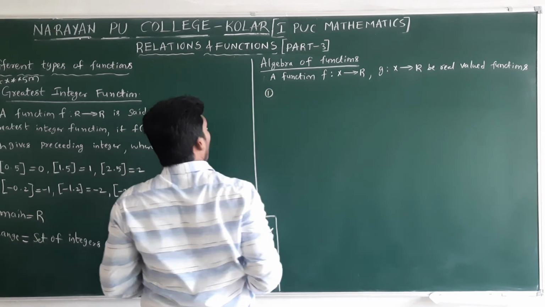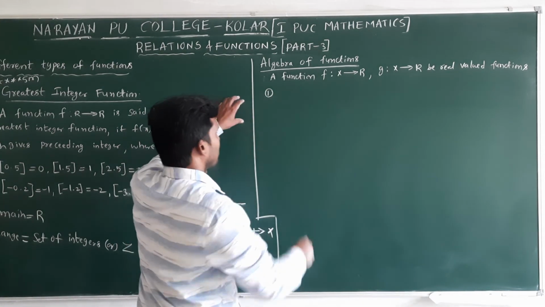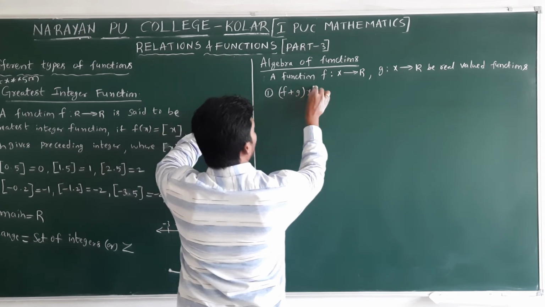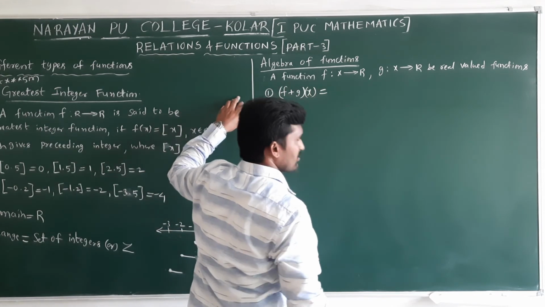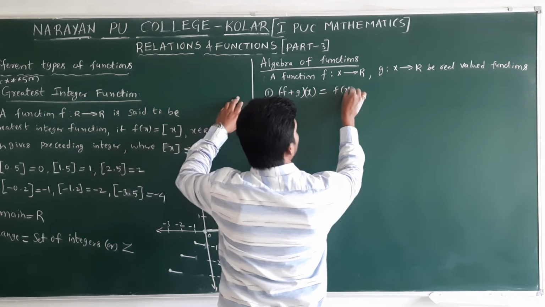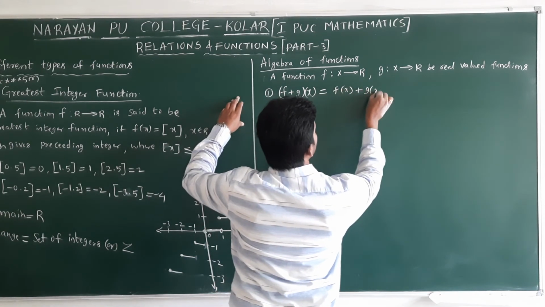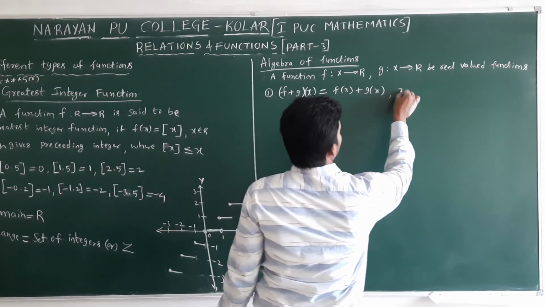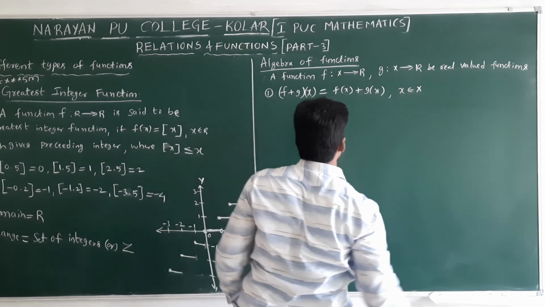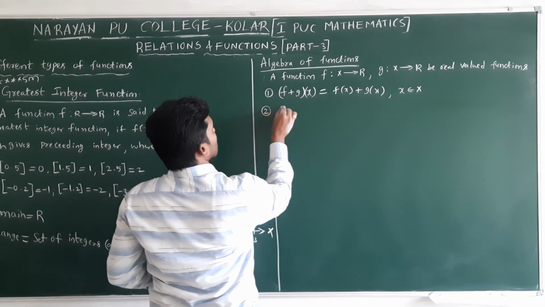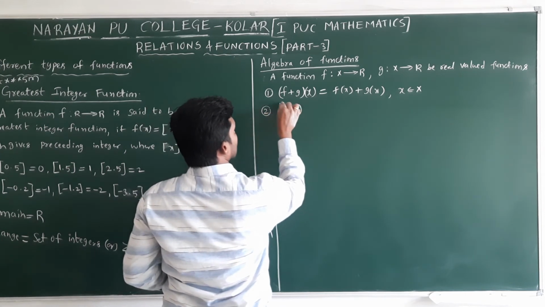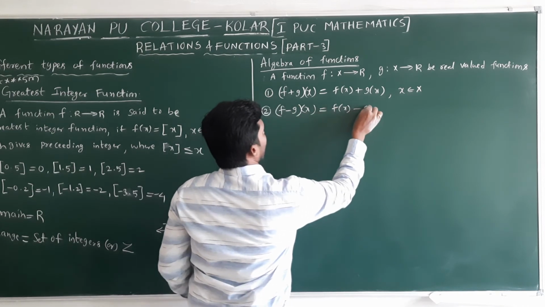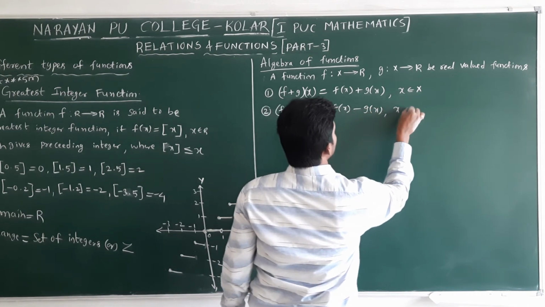Here first, how to add 2 functions. Addition: f plus g of x. We can add like this, f of x plus g of x, where this small x belongs to capital X. How to subtract 2 functions: f of x minus g of x.